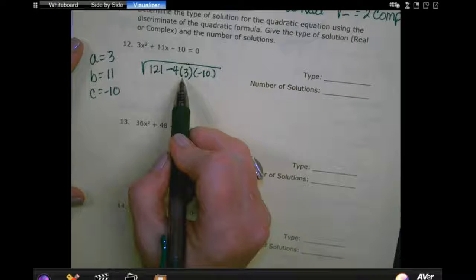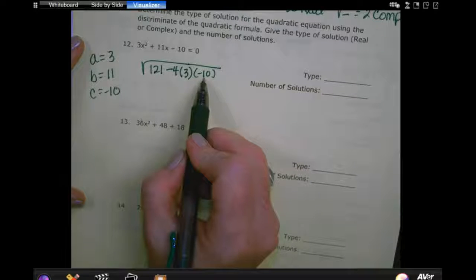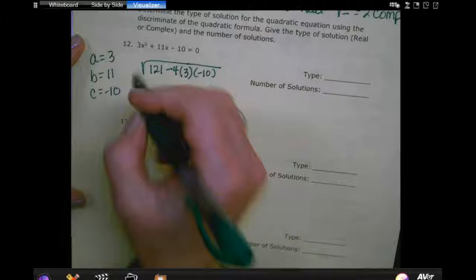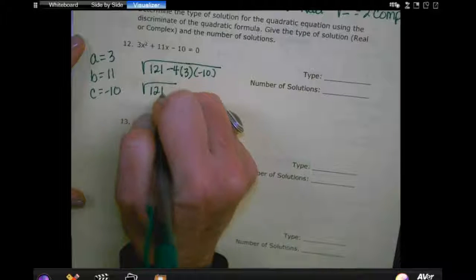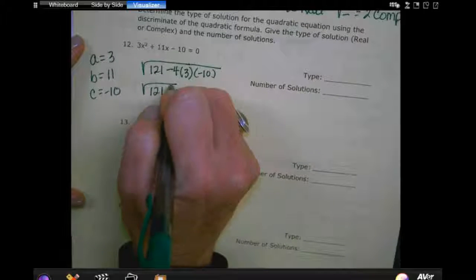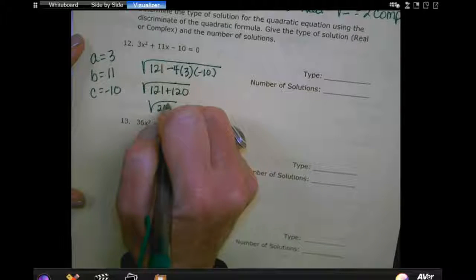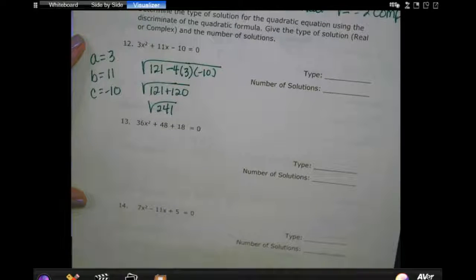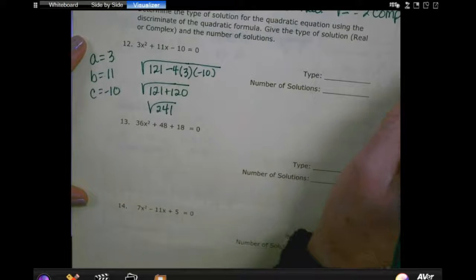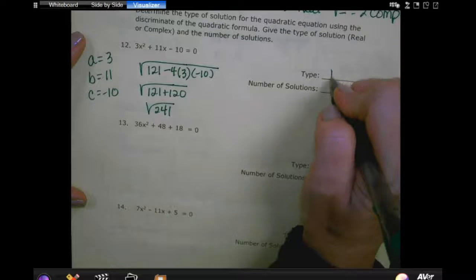So negative 4 times 3 is negative 12 times a negative 10 is a positive 120, which means my discriminant is 241. Is that positive, negative, or 0? Positive, so what kind of solutions do I get? Real, and it's 2 of them.